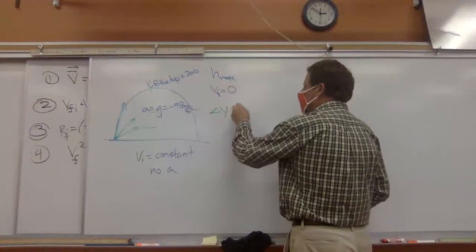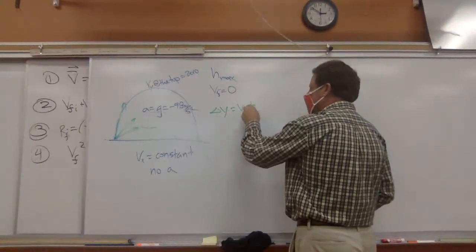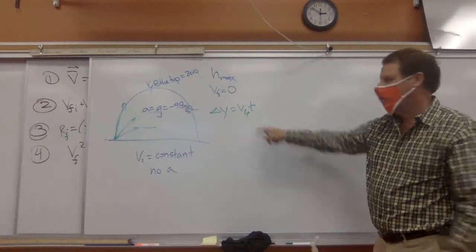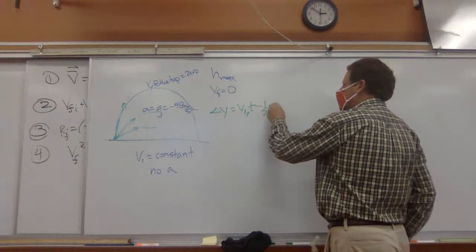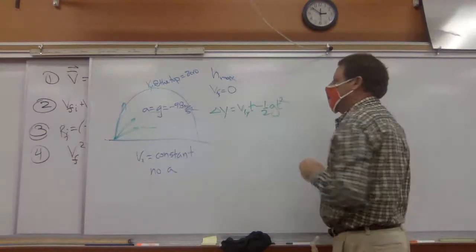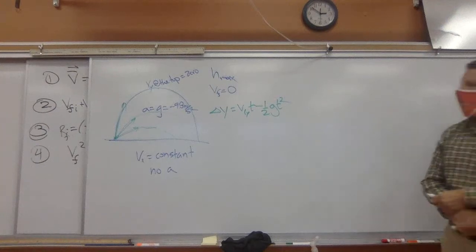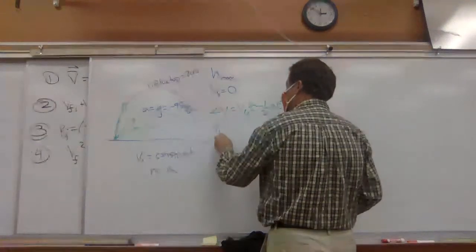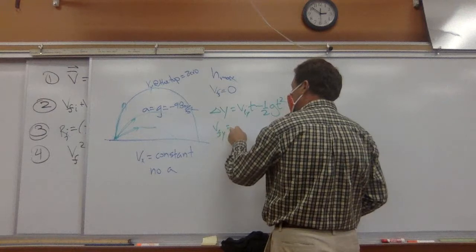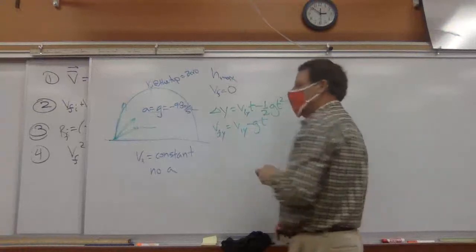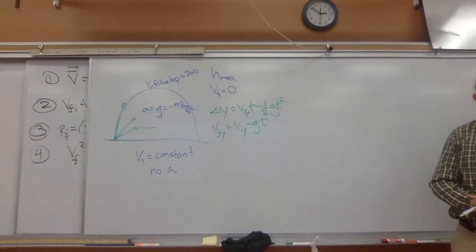So we know that delta y is equal to v initial, and this is the initial velocity in just the y direction, times t, minus 1/2 g t squared. We can also have v final y is equal to v initial y minus g t.